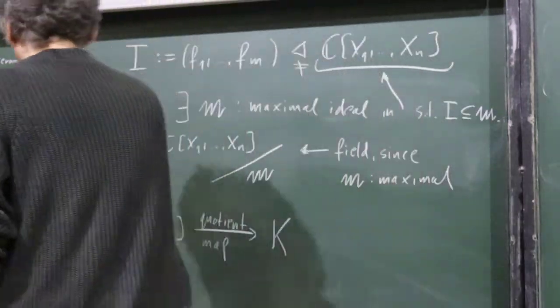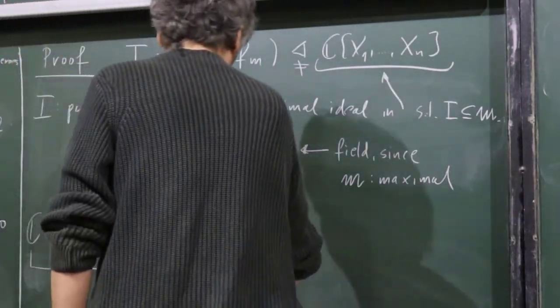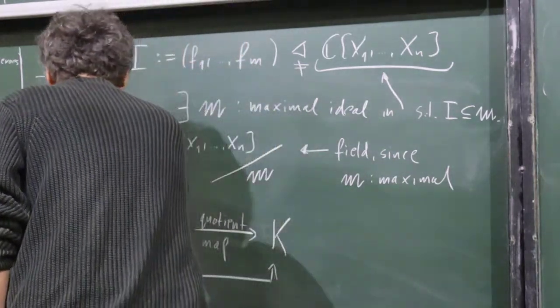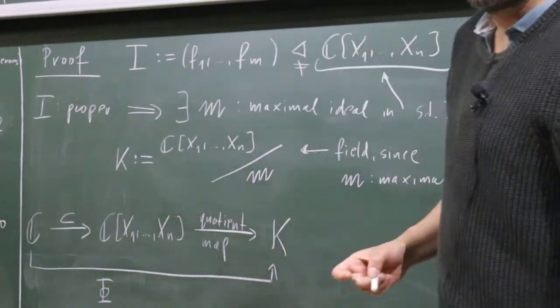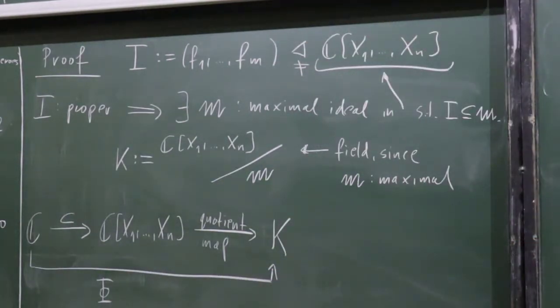So the composition is a homomorphism of fields, and I hope you know that each homomorphism of fields must be one-to-one.